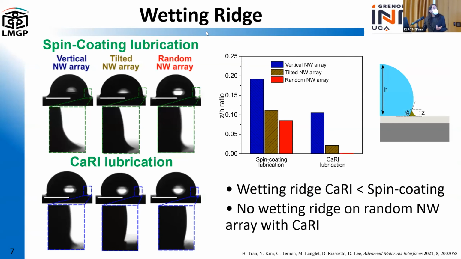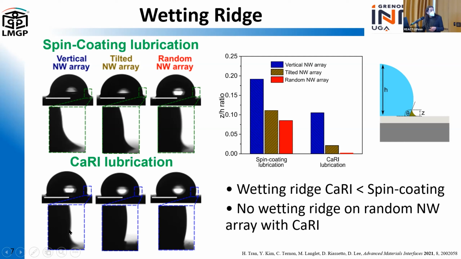We try to compare our technique, carrier lubrication, to the standard one, like spin coating lubrication. For different kinds of nanowire arrays, you can see that the wetting ridge is bigger in the case of spin coating than in the case of carrier lubrication.